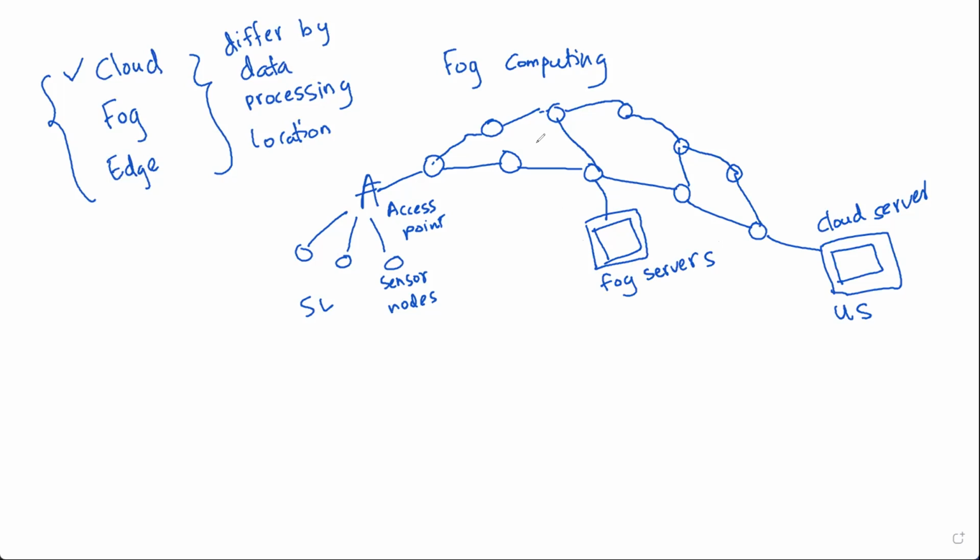Some organizations which are connected to a certain router in the public internet can provide us the service of computing and processing our data and giving us a certain update. This kind of computing happening in an intermediate location between the access point and the cloud server is known as fog computing. So the fog computing is done at fog servers.